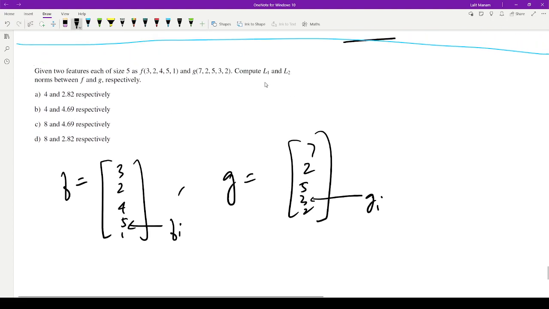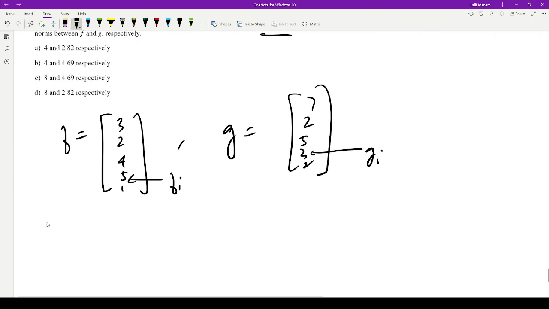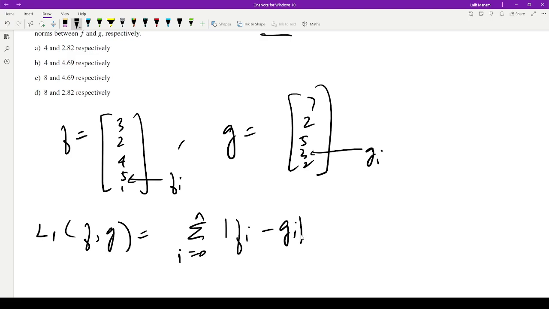So we need to compute the L1 and L2 norms. What is L1 norm of f comma g? Can anyone tell that? Absolute differences of the elements, right? Yes, sir.